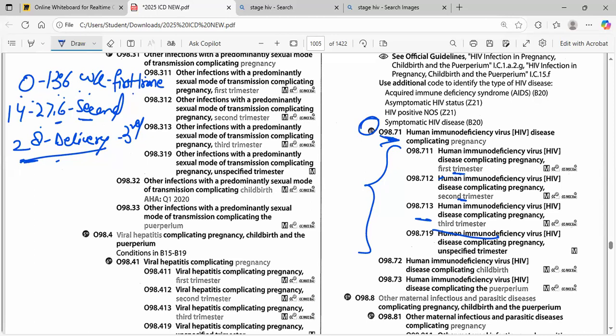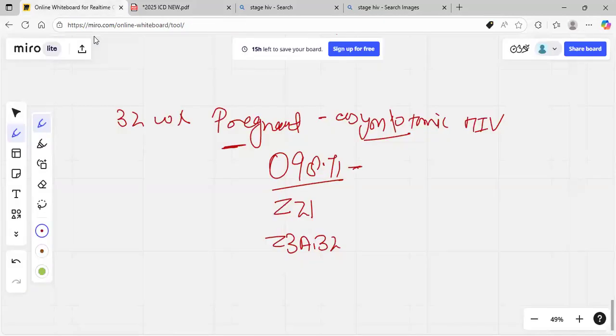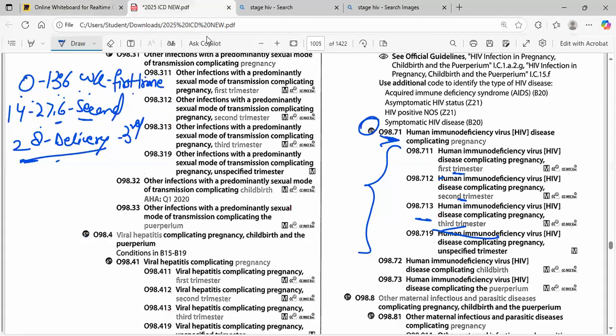Our patient is at 32 weeks, so we use the third trimester. So our answer should be O98.713. Now it is a 6 character code, 1, 2, 3, 4, 5, 6, and this is a complete code. It does not need any further additions.